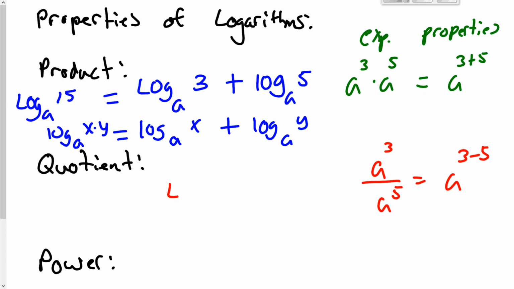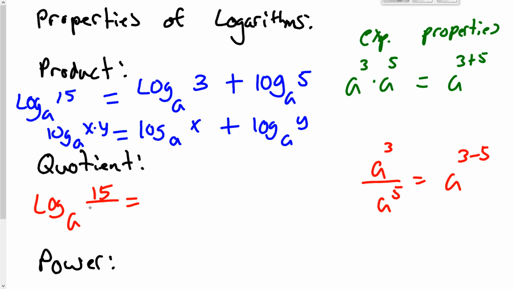or I'll go the other way. If I have a log of some base, and I am dividing, so I'm taking the log of a quotient, right? Taking the log of a division here.